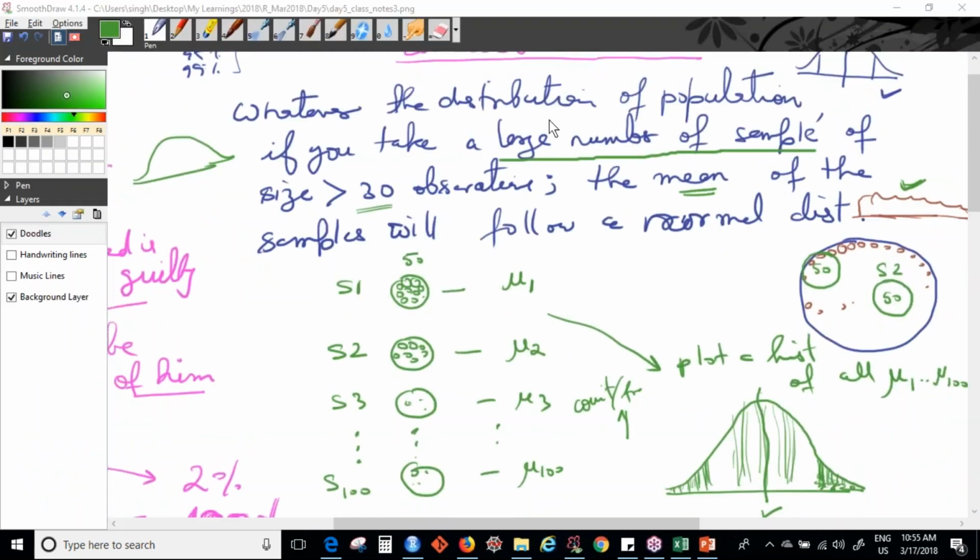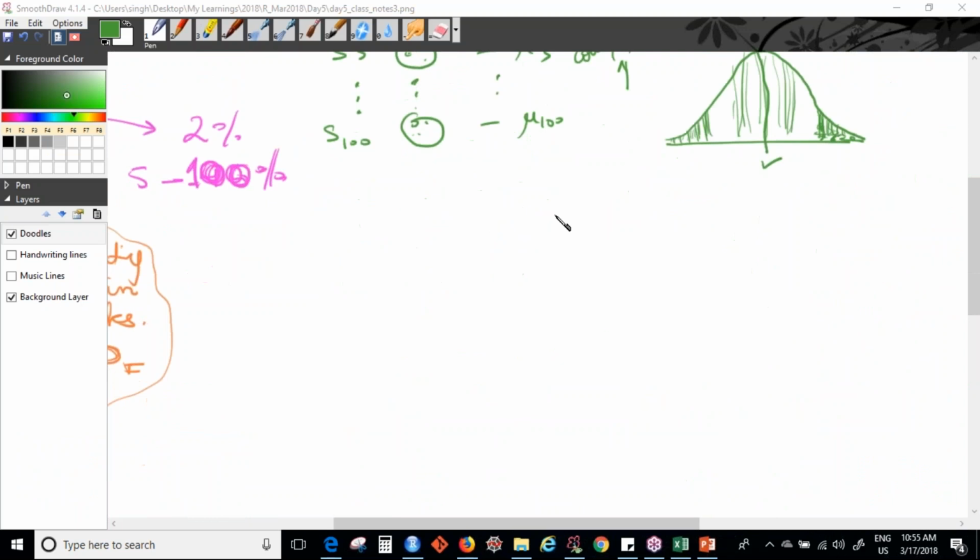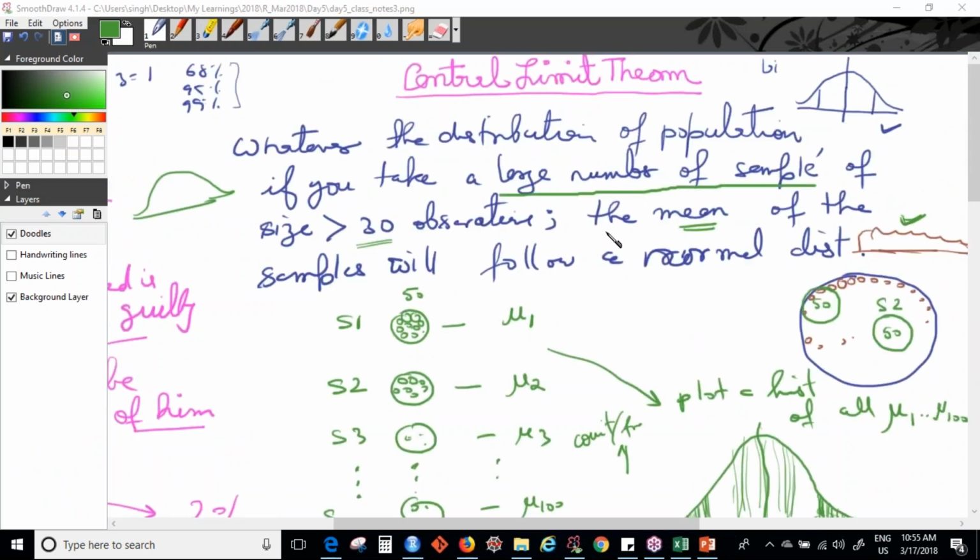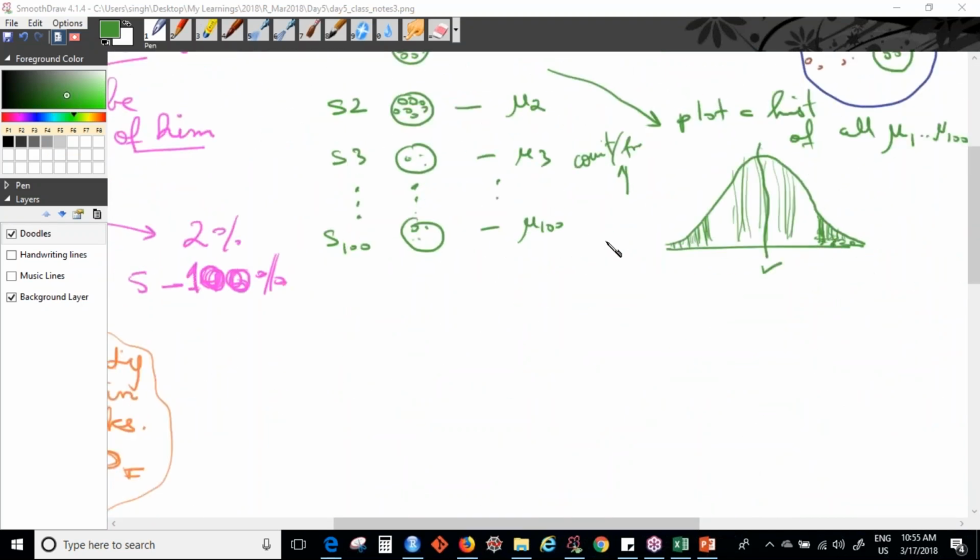Okay guys, so that is why you can safely assume that your business variables, in most cases, not always of course, follow a normal distribution.